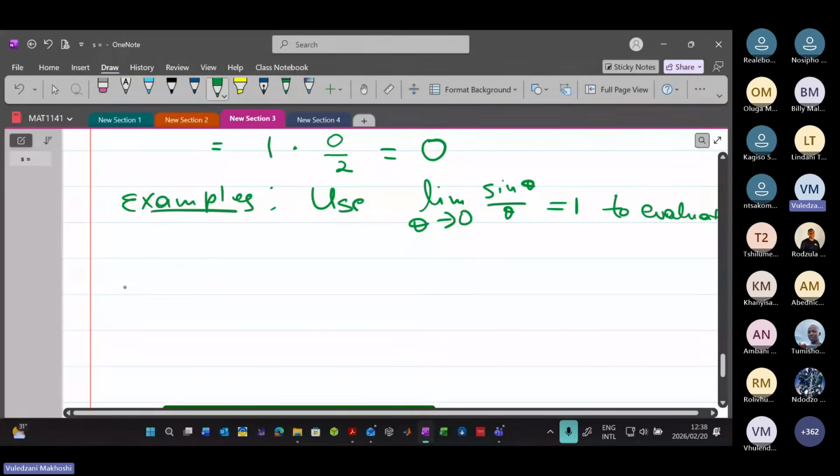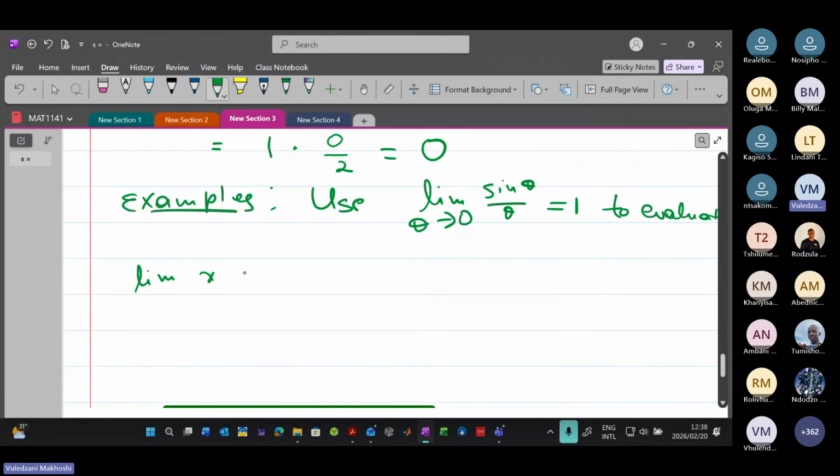Let us say, the limit, I think it is x cot 3x when x is approaching 0.